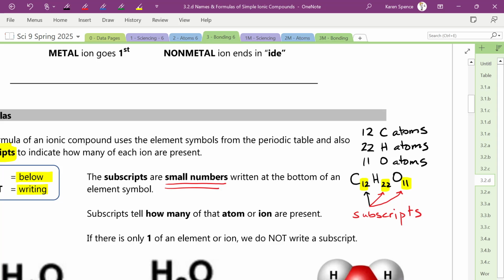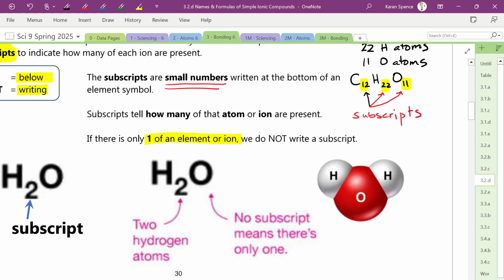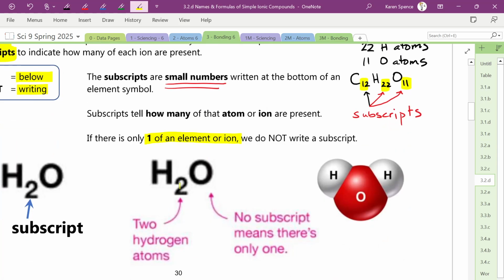However, what if we have only one of an element? Do we write anything? No. So H2O, the 2 is the subscript that tells us there are 2 hydrogen atoms. But with the oxygen, there's no subscript, which means there's only 1.